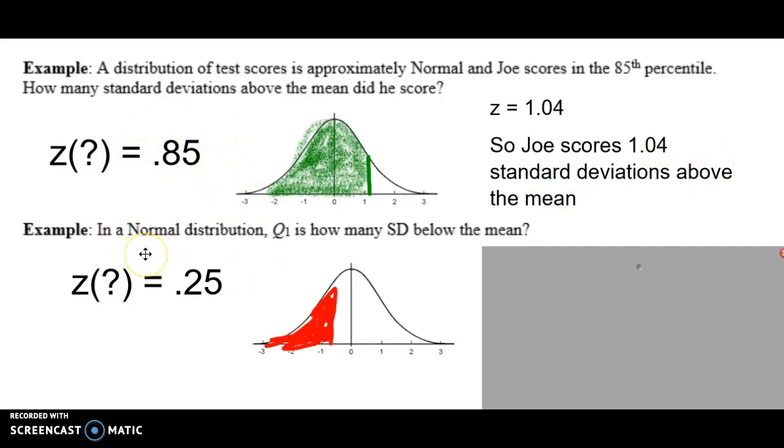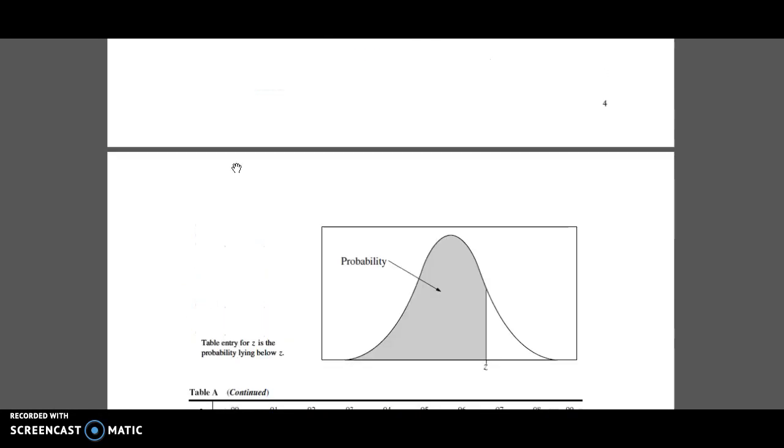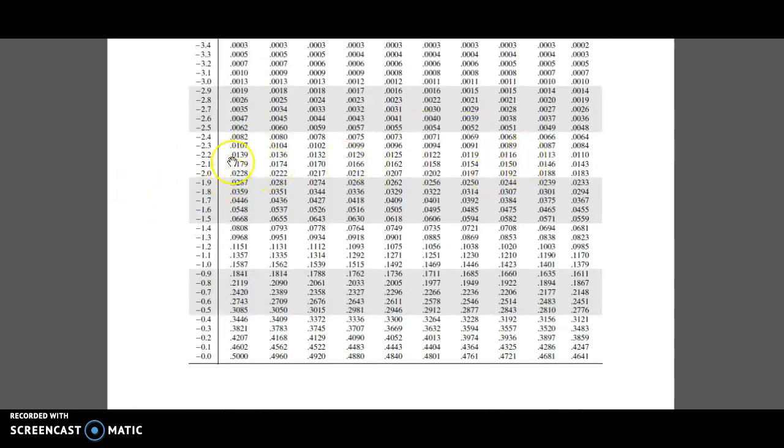Same thing with the next example. It says how many standard deviations below the mean is Q1. So remember, Q1 corresponds to the 25th percentile. So we go back to that table. This only goes to 50, so we need to go up into the negative z-scores, and that will give us from basically 0 to almost the 50th percentile. We look for the 25th percent.